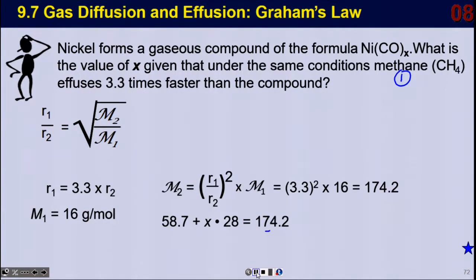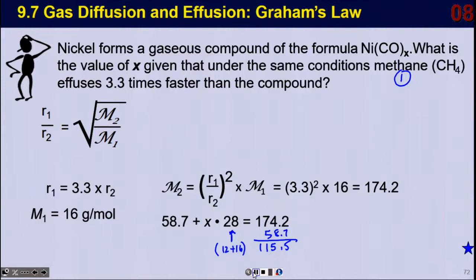Take the 58.7 and subtract it from the 174, and that tells you you have 115.5 grams remaining in the molecular weight that corresponds to the CO groups. The CO group is 28; in other words, carbon is 12 and 16 for oxygen. So how many of those 28 molar mass groups go into 115?